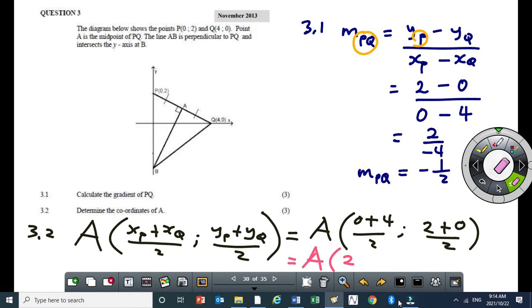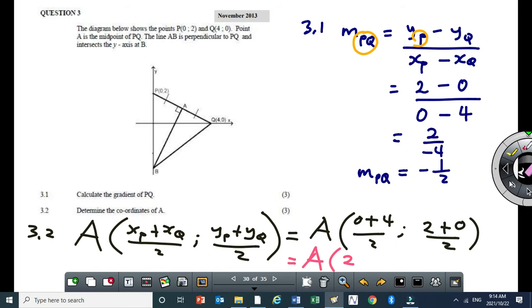So, for the gradient, if you say y1 minus y2, it's the same thing. I think I explained the y1, y2. Even if you use y1 minus y2 over x1 minus x2, or y2 minus y1 over x2 minus x1, it's still the same thing.